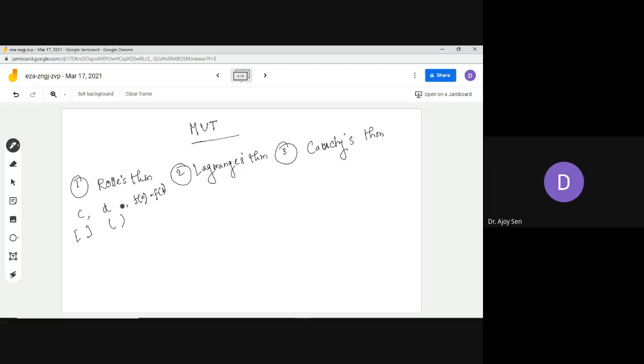These three things are required for Rolle's theorem. I am telling you again that the mean value theorem is a property of a function which is continuous and derivable, so MVT is the property of a continuous function in a closed and bounded interval.